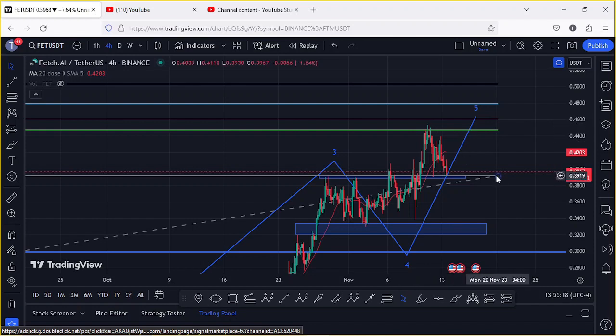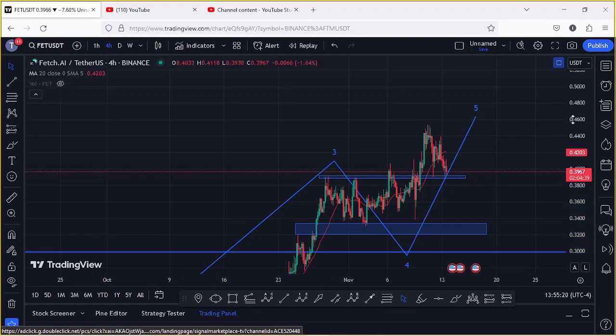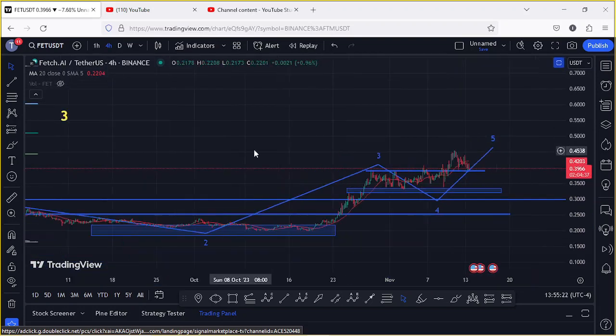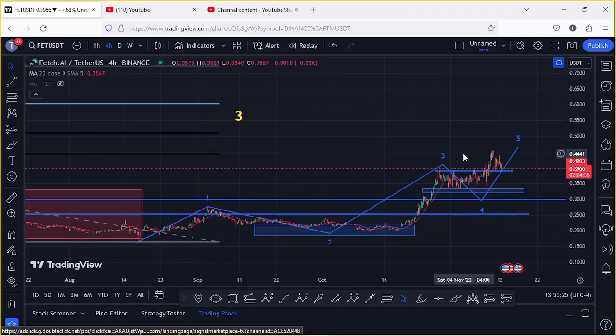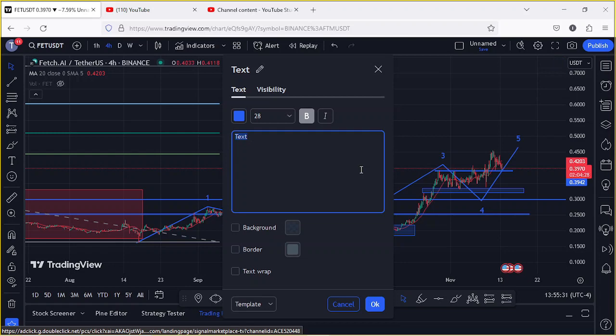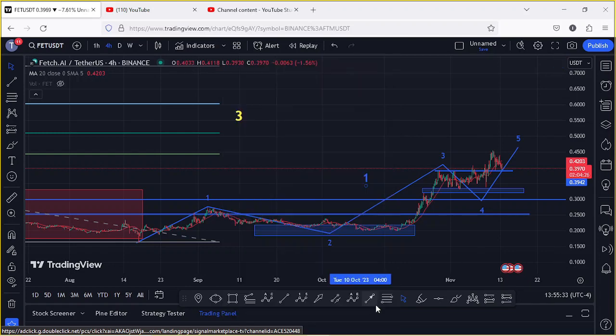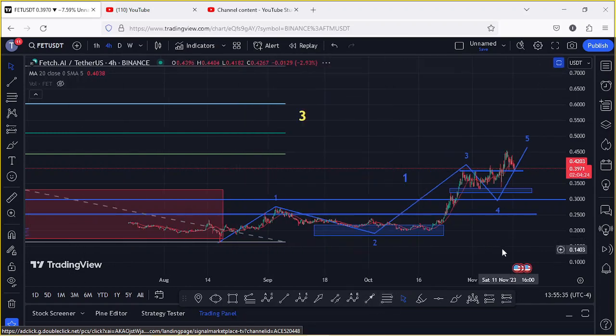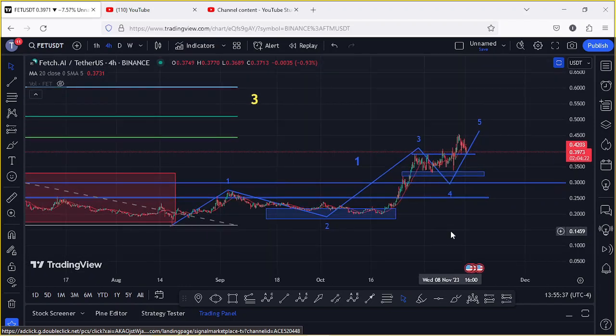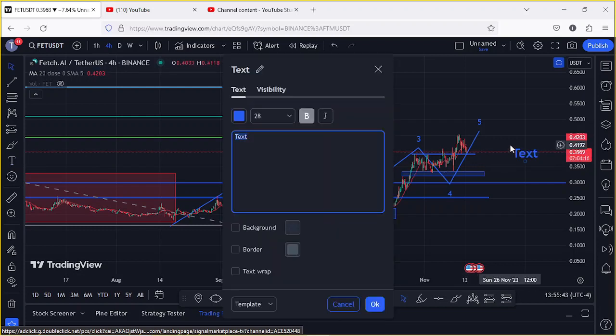$0.4557 mark. And there are high chances that now Fetch AI has completed its 5-wave structure to the upper side in what we can now term as the formation of a larger Elliott wave count 1 to the upper side. And there are high chances that in the next coming hours, in case we continue seeing further pullback, then Fetch AI will be giving us a bit of a retracement in the formation of a larger Elliott wave count 2.